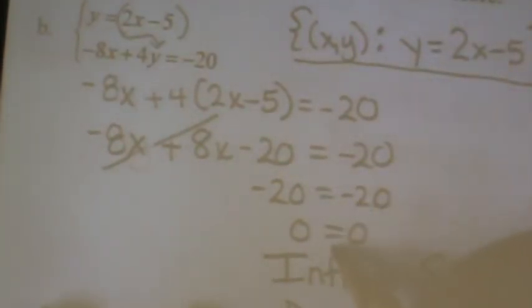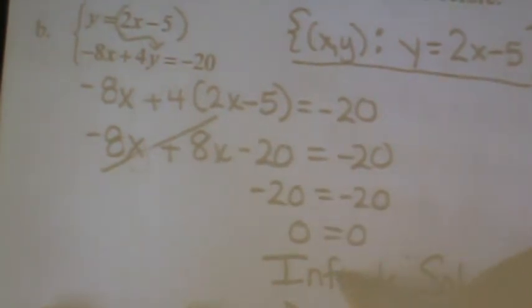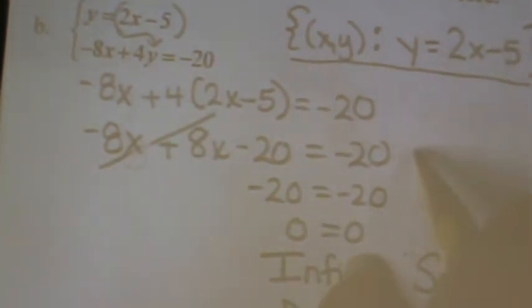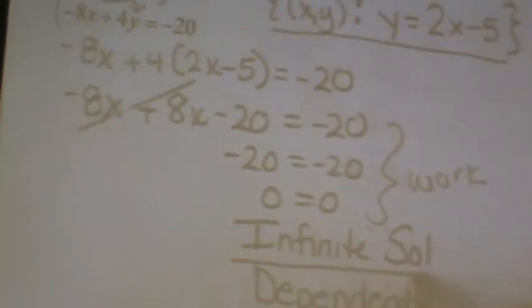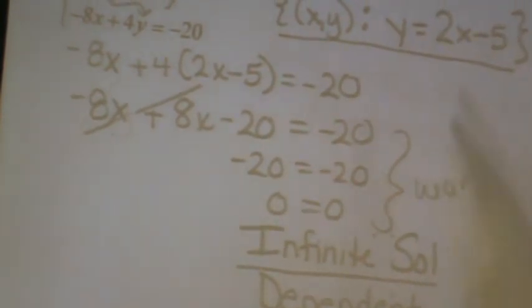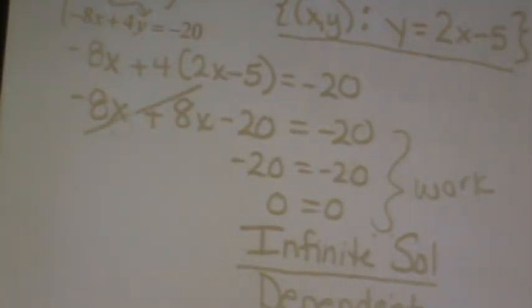I'll tell you what, the answer to this question is not negative 20 equals negative 20. This is the work for the answer. It's either infinite solutions or you write that. If I'm asking you what is the solution, these are the two answers that you should write. But a lot of people will write negative 20 equals negative 20.